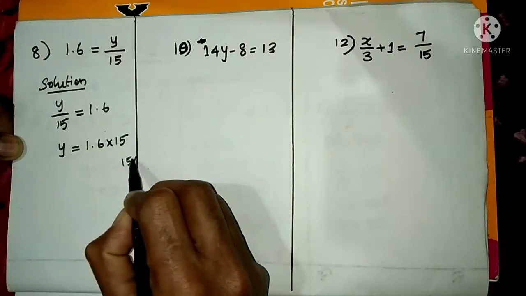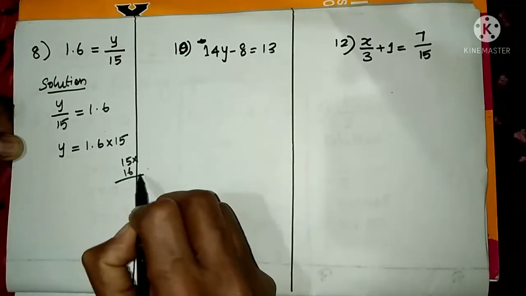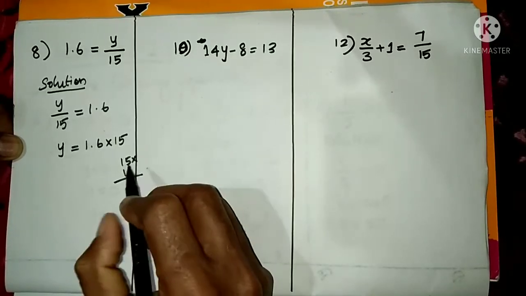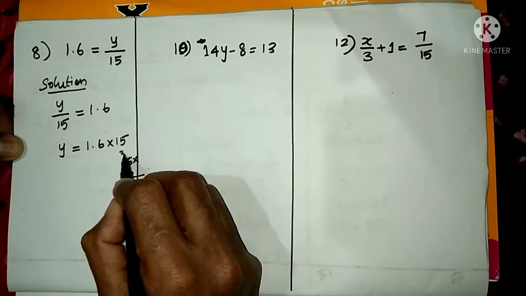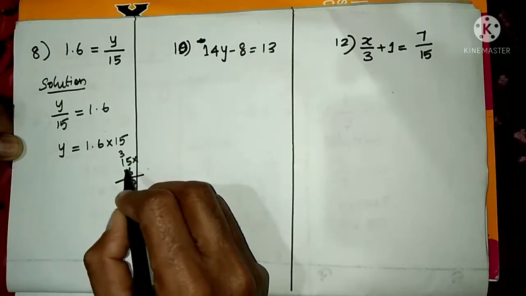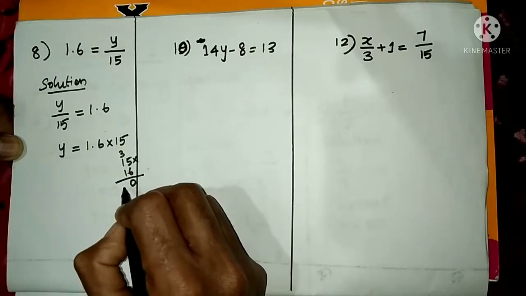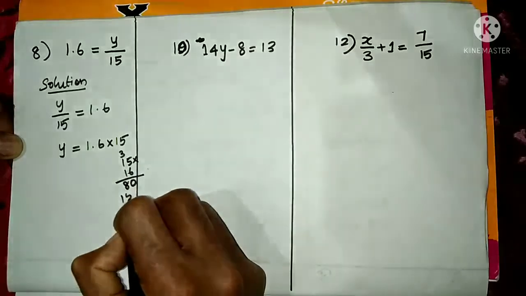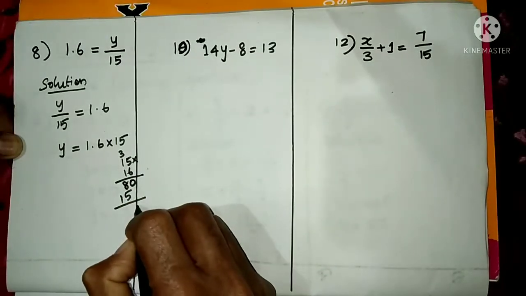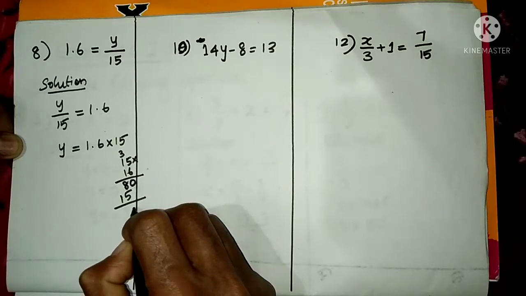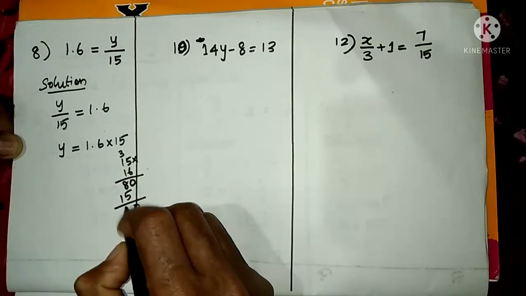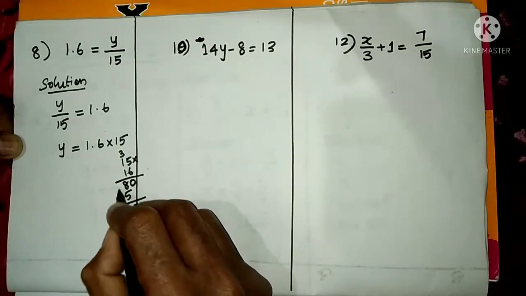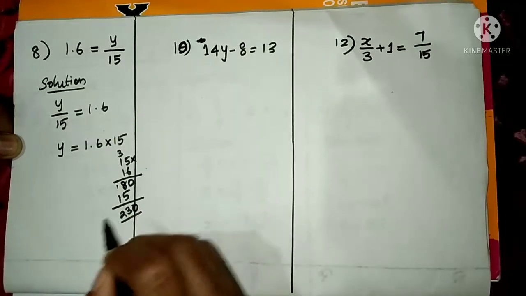So 15 times 16, so 5 times 1 is 5, plus 3 8s, and 1 times 15. When we have the total, we have 230.